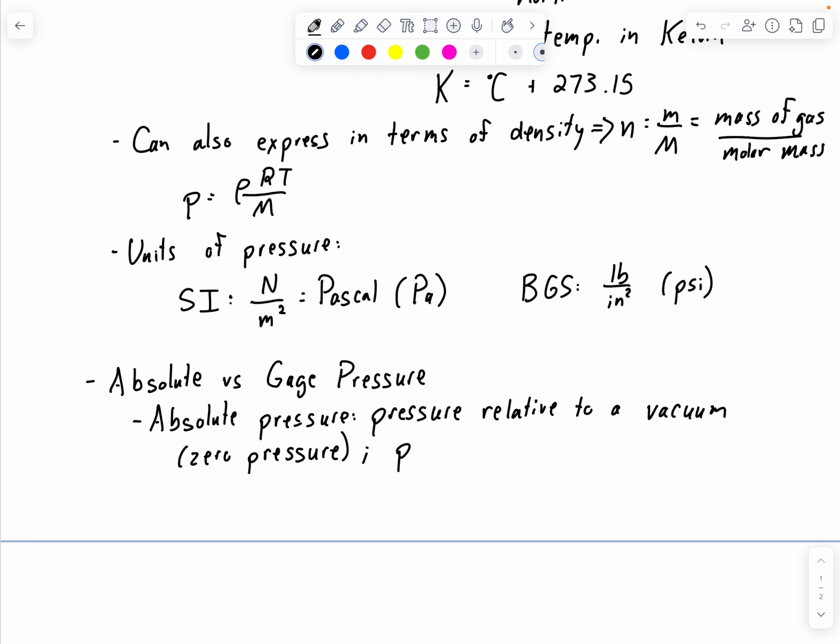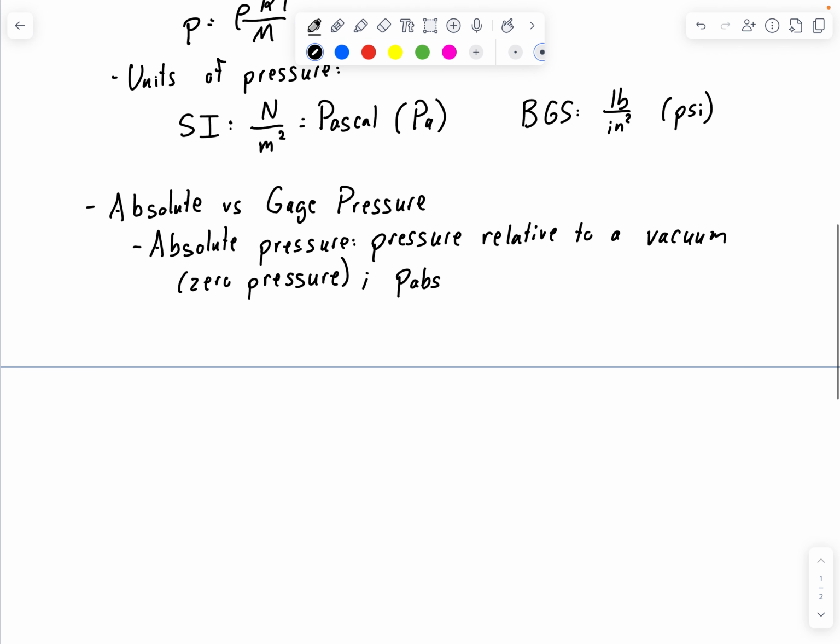We usually denote that as P sub abs to indicate that it's an absolute pressure. The alternative is a gauge pressure, which is some pressure that's measured relative to another pressure, usually atmospheric pressure.